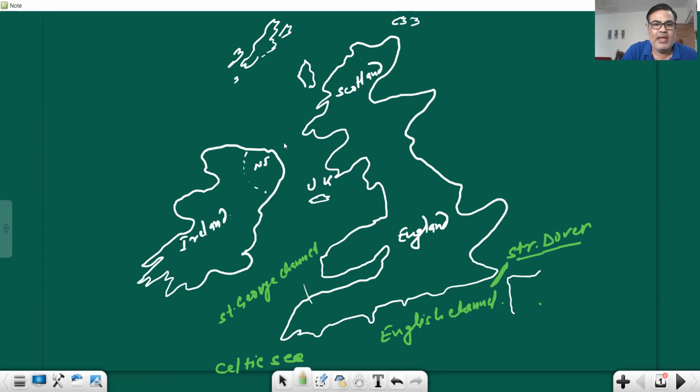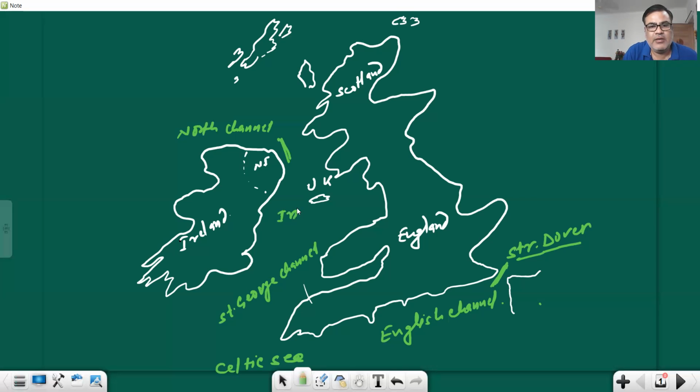Here is another strait, called the North Channel. This is the North Channel.